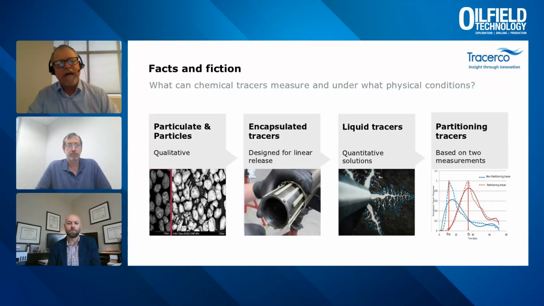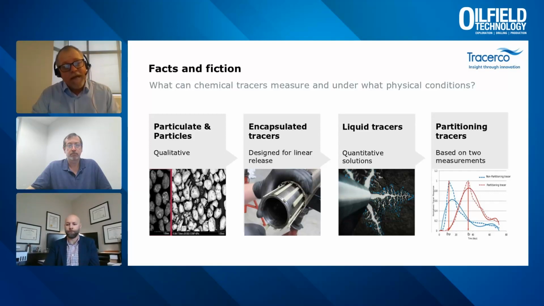The second type that's out there is actually a manufactured particulate. And the manufactured particulate is designed to control that release rate to the desired objectives, timelines, and goals of the operator. When we talk about encapsulated tracers and particulate tracers, Tracerco has a unique method of microencapsulation to extend lifespans.